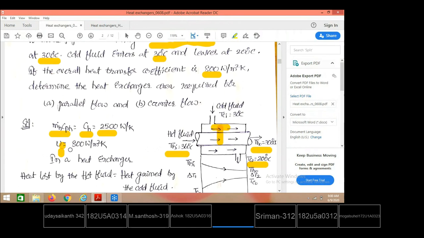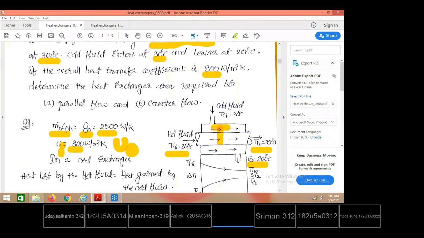If that is not the case, if the hot fluid is allowed to flow through the annular space, that means on the outside of the inner tube, then the given overall heat transfer coefficient becomes U naught. That all depends on where we are allowing the hot fluid to flow, inside of the tube or outside of the tube, so that the given overall heat transfer coefficient is considered accordingly.